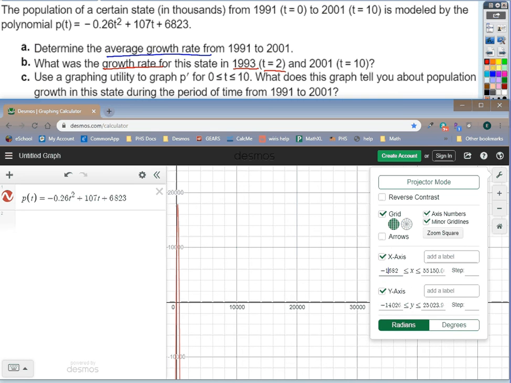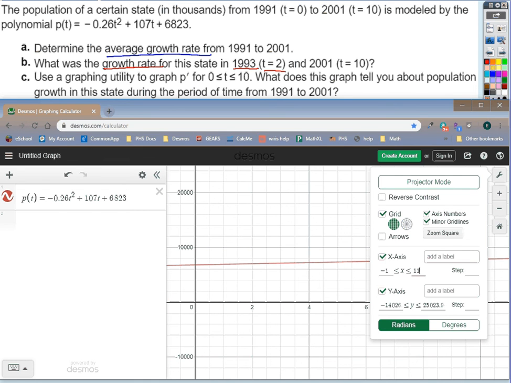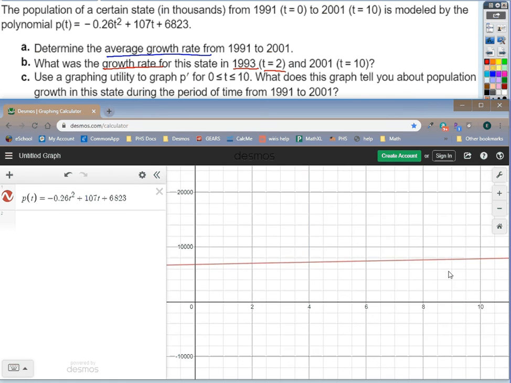I'm going to do negative, I always do one extra, so you can see the axes. And then for the y, we said we're going up to about, it looks like on that interval, we could go up to like 9,000, by thousands.